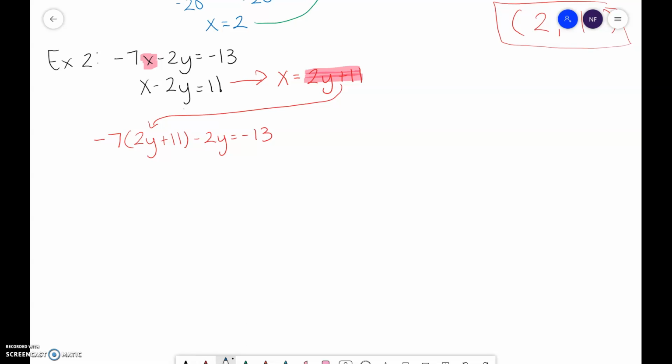And then I'm going to simplify it and solve it for our variable. In this case, we're solving for y first. So I'm going to distribute that negative 7. So we have negative 14y minus 77, and then subtract our 2y equals negative 13. And then we're just going to keep simplifying. So we have like terms. So we have negative 14y minus 2 would give us negative 16y.